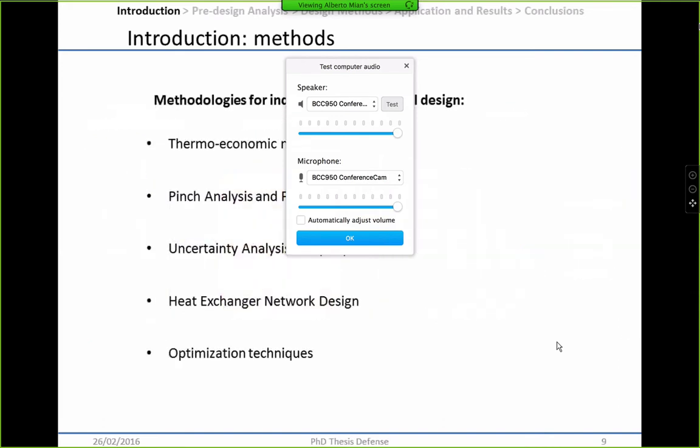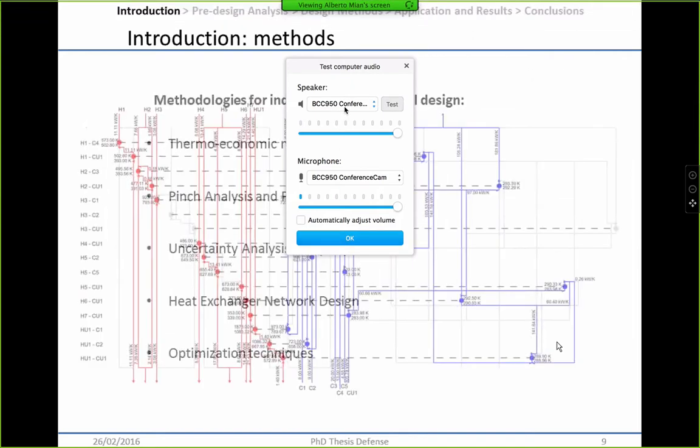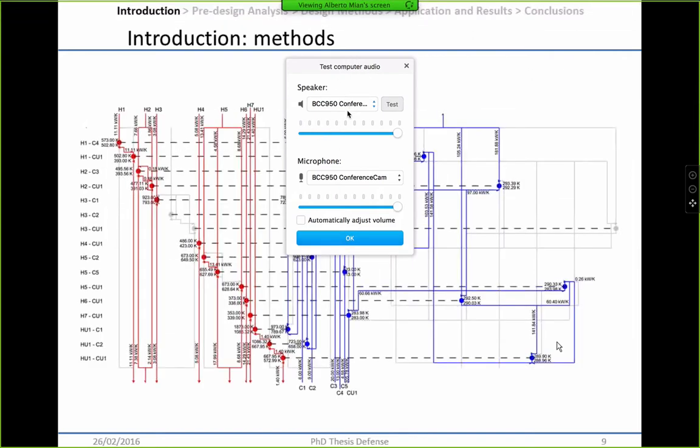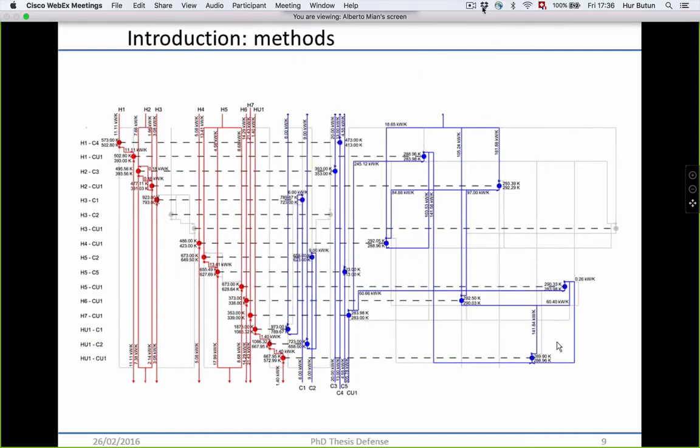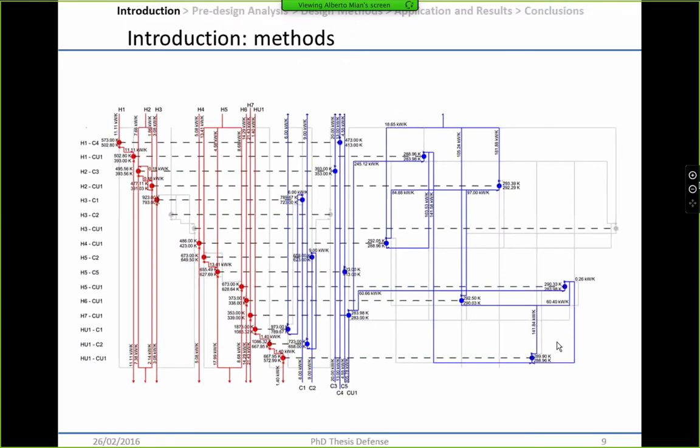Then, for the design phase, heat exchanger network design was tackled. In this case, we see a representation of an industrial plant in which you have a lot of hot and cold thermal streams that have to be cooled and heated up in different periods, with different target temperatures and different target heat loads.